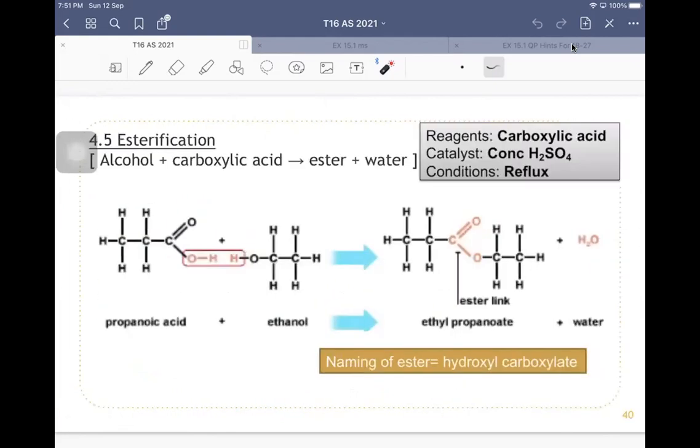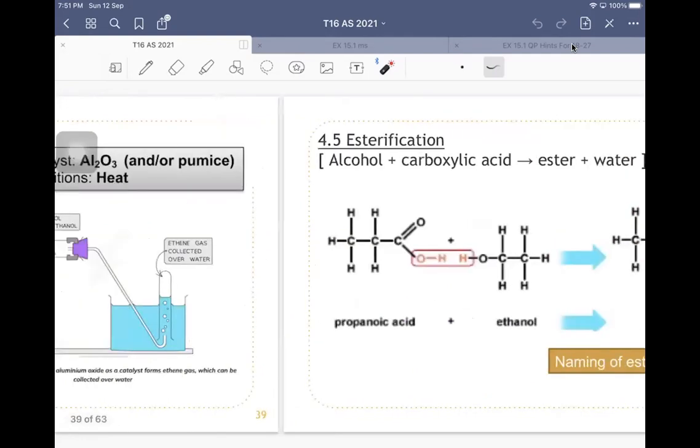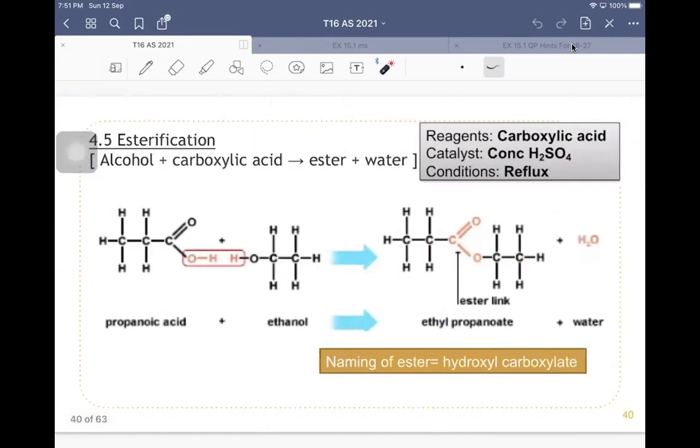The next reaction that we're going to look at is esterification. Esterification is a type of condensation reaction. You are combining two reactants to form one product with the production of water. That's what a condensation reaction is.